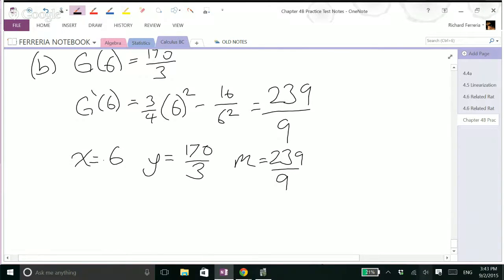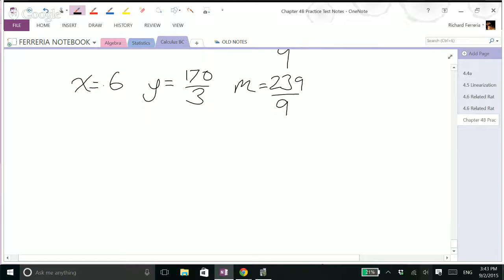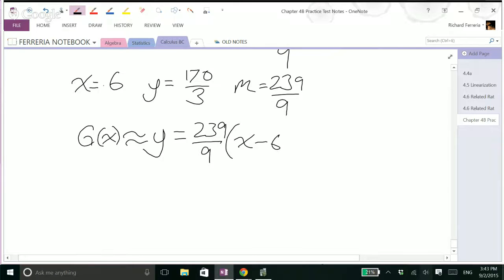And so the correct way that you're going to want to write this is g of x is approximately equal to y, which is equal to slope, 239 over 9, times x minus 6, plus 170 over 3.